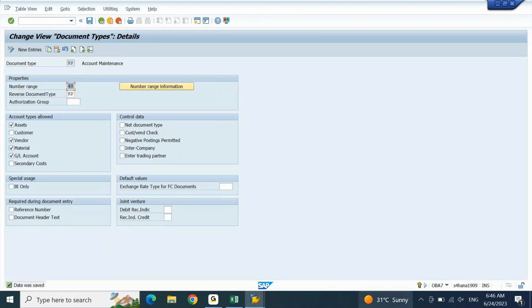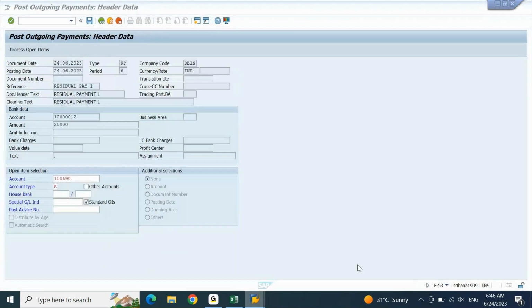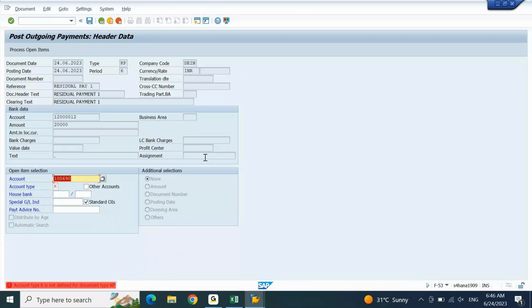Let us come here. Let me press enter. This is not reflecting because when we are on this screen, this document type does not have a vendor tick enabled. That is why it is not able to detect. Let me remove it. Put this again. It's not reflecting. No other go. I have to come back and then redo it.